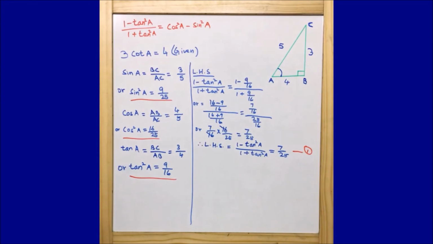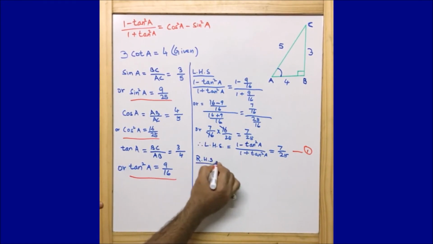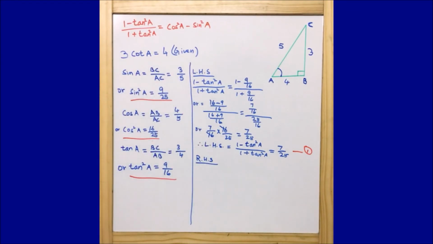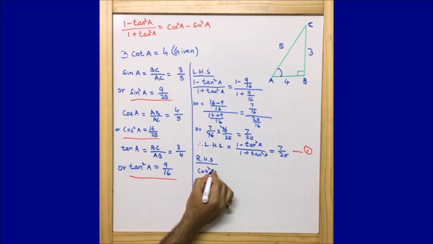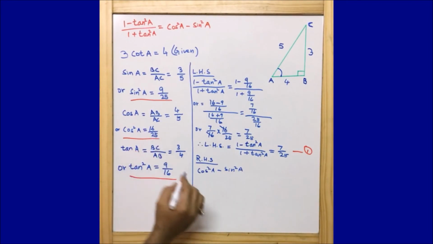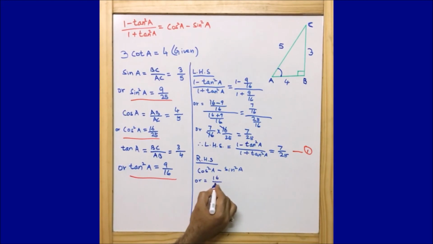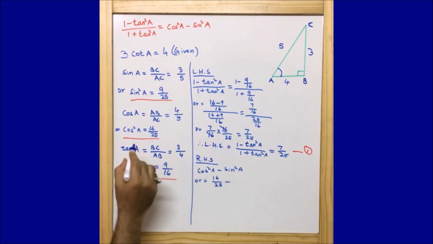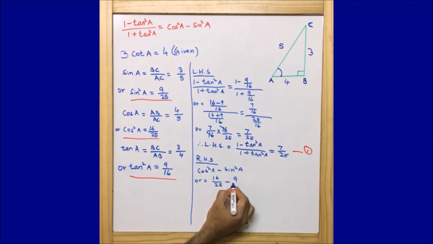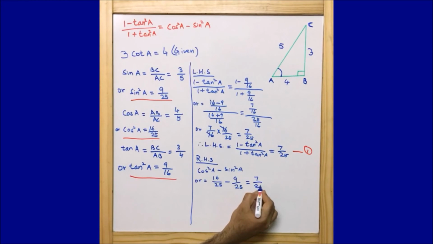Now let us find out the right hand side. RHS, right hand side, is given as cos square A minus sin square A. So let us write down cos square A minus sin square A. We know that cos square A is 16 by 25, so that is equal to 16 upon 25 minus sin square A, 9 upon 25, which is equal to 7 by 25.